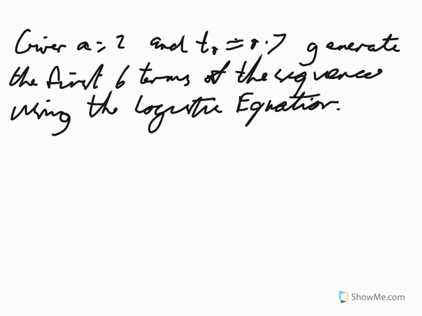Alright, so there we go. Let's start at the top, because what we have this time is that term n plus 1 equals the constant A, so 2, times term n, times 1 minus term n.